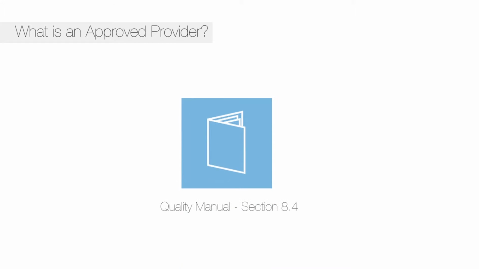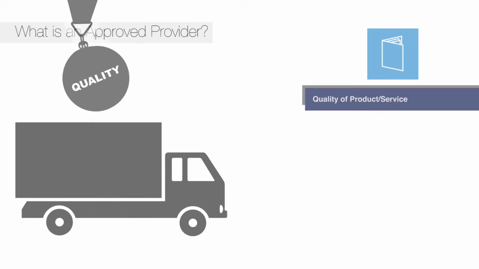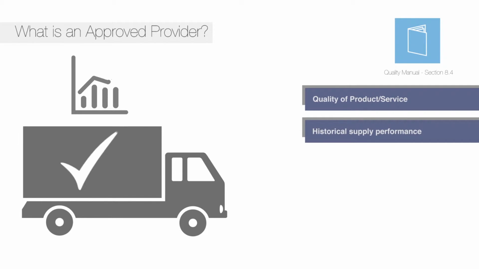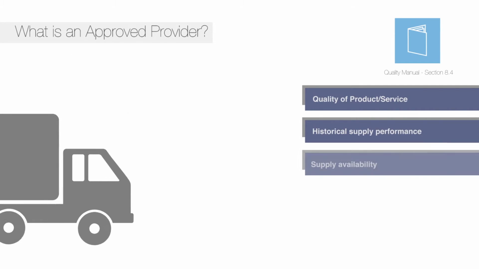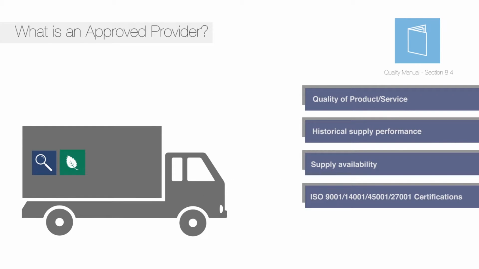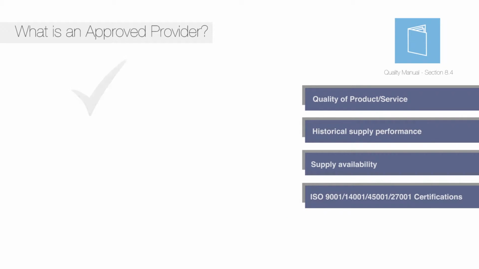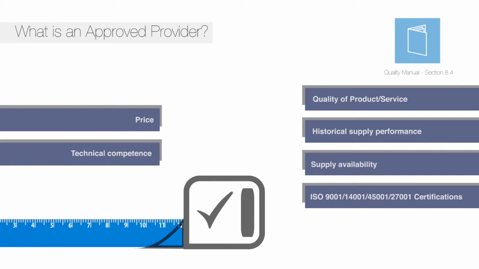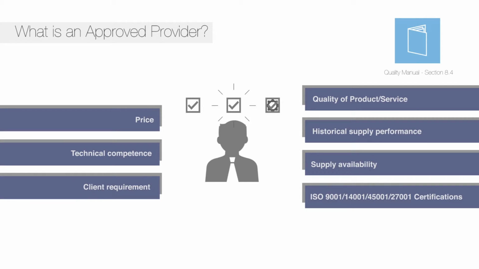Some examples of criteria can include, but are not limited to, the following: quality of product or service, historical supply performance, supply availability, ISO 9001, 14001, 45001 or 27001 certifications, price, technical competence, and client requirement.